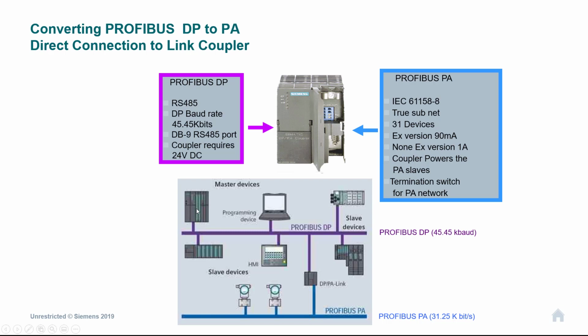So you would think that you can put 130 devices on, but really, because it's a subnetwork, it's working a lot slower. And from experience, if you want to use tools like PDM, we really want to restrict the amount of PA devices that we put onto that network to less than 31.